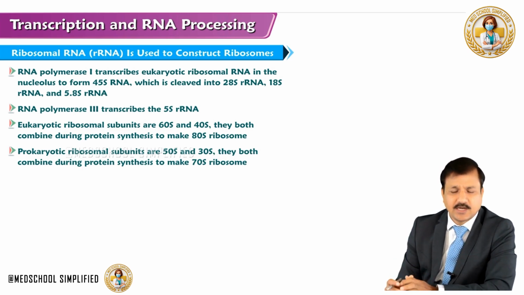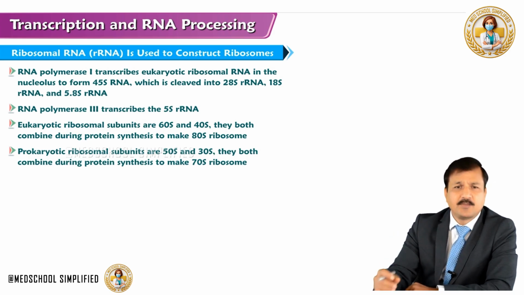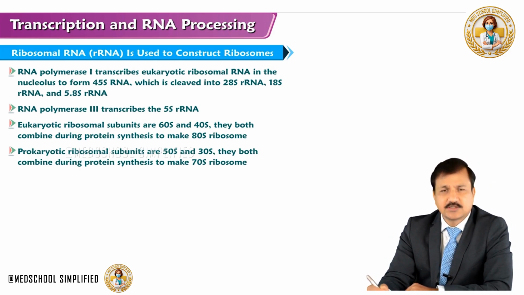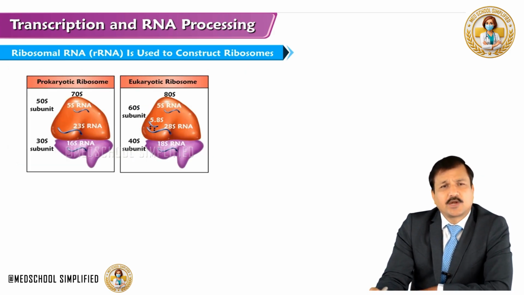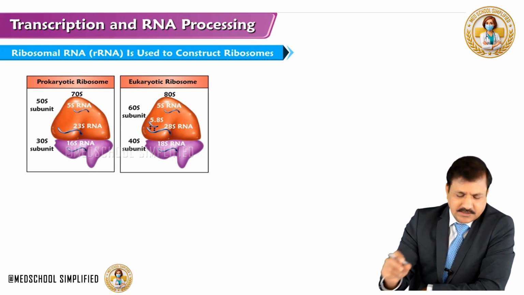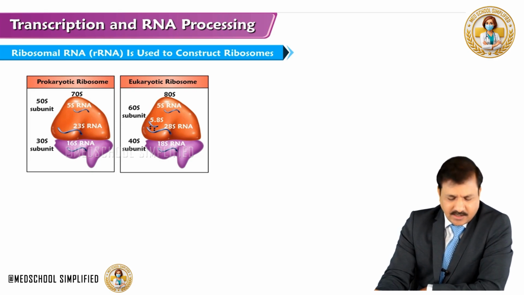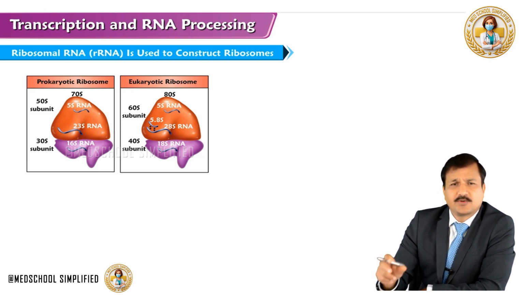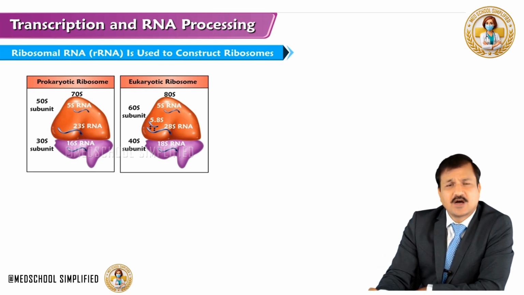The prokaryotic ribosomal subunits are 50S and 30S. They combine during protein synthesis to make a 70S ribosome. Note that in the prokaryotic 70S ribosome, the 50S subunit contains 5S rRNA and 23S rRNA, whereas the 30S subunit contains 16S rRNA.